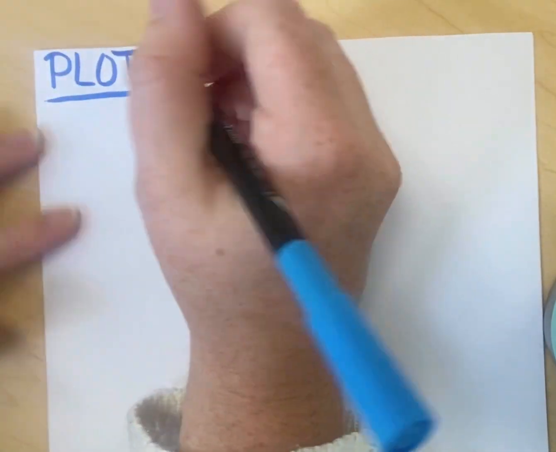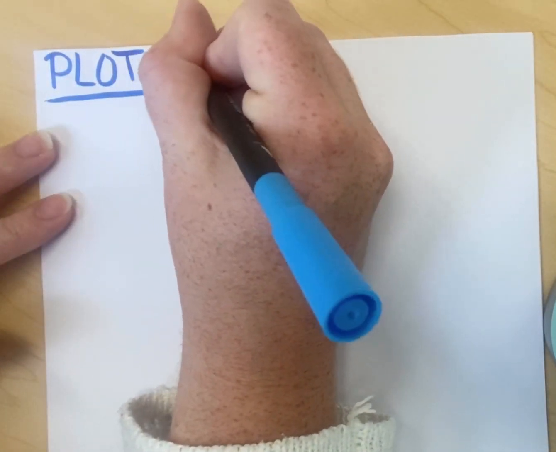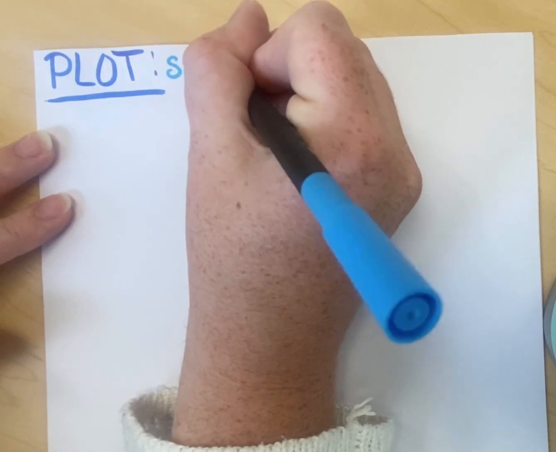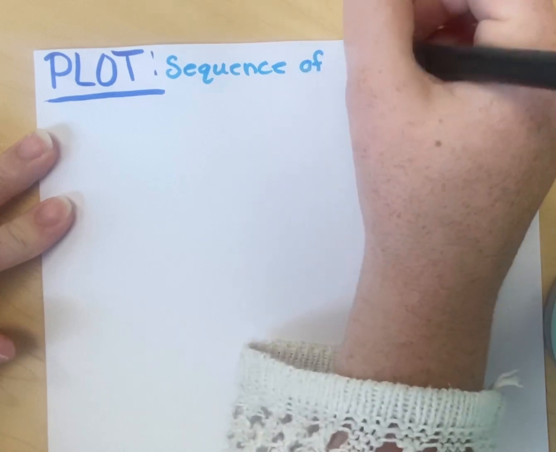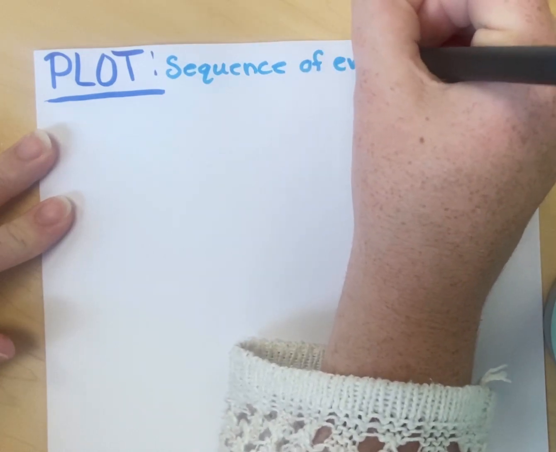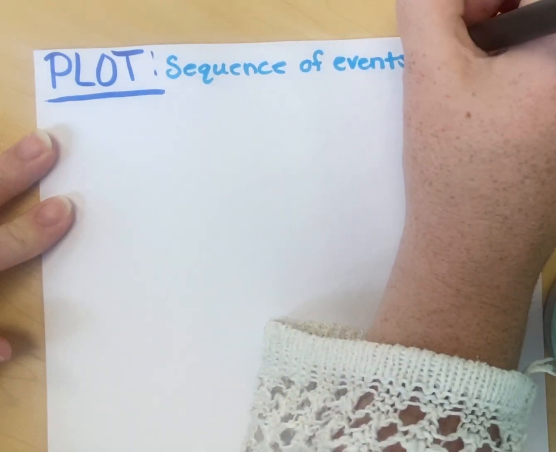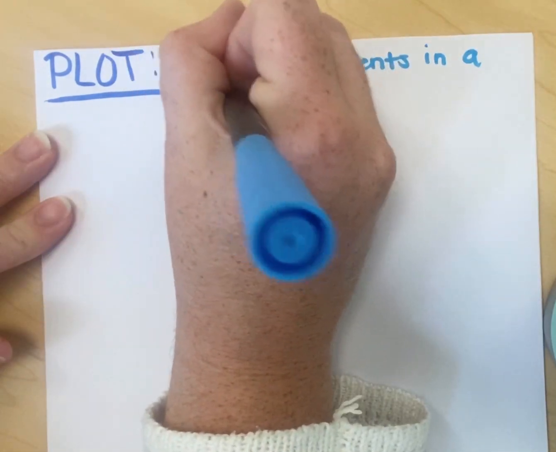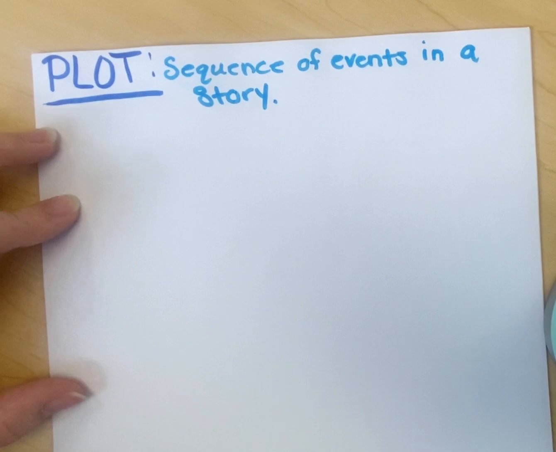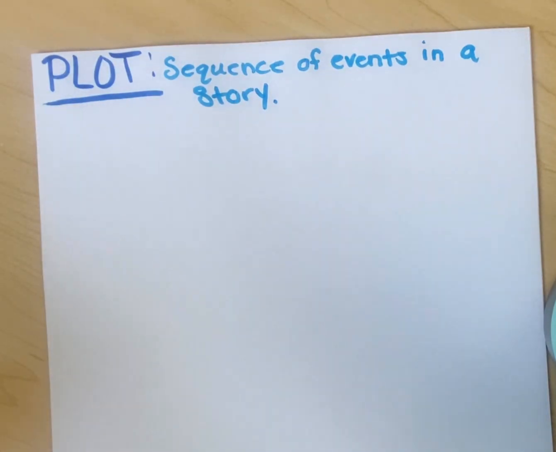So our plot is the sequence of events in a story. So the sequence of events in a story.